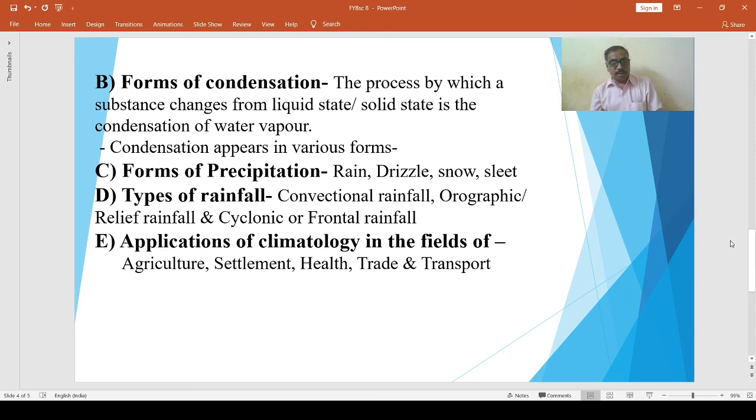The application of climatology in the field of agriculture. Weather and climate are important factors in determining our day-to-day and longer term activities and lifestyles. Agroclimatology helps farmers to select crops to be cultivated in their fields.